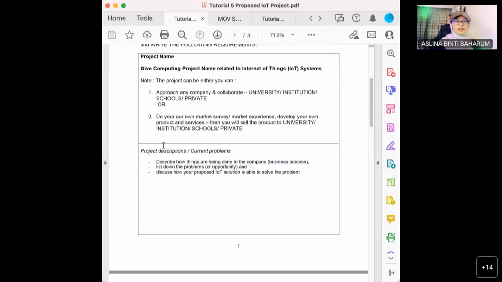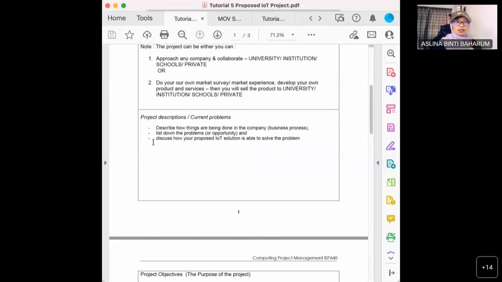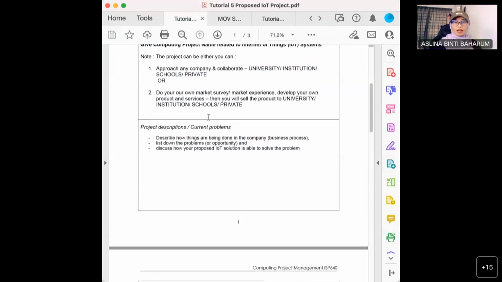In the project, you need to have a project description: the current problem in the company or the current situation from the market survey. Describe how things are being done in the company, the normal business process. List down the problems. This is the opportunity for you to help solve the issues.